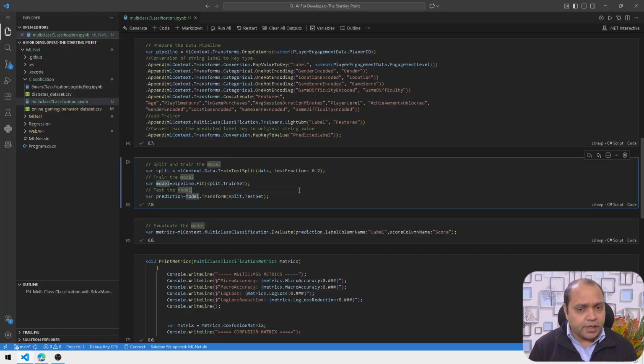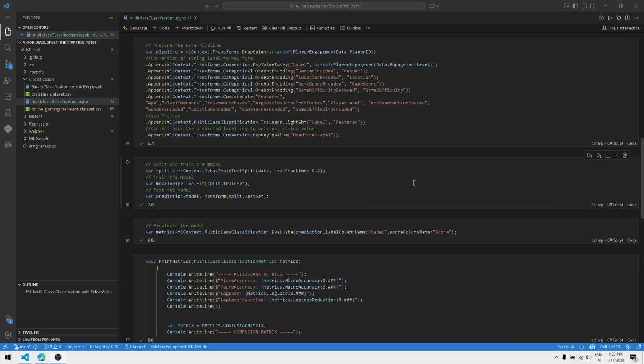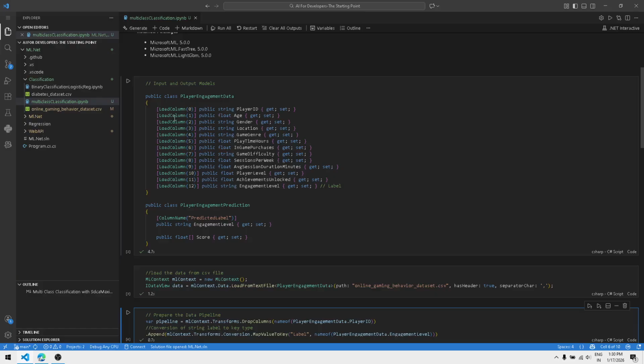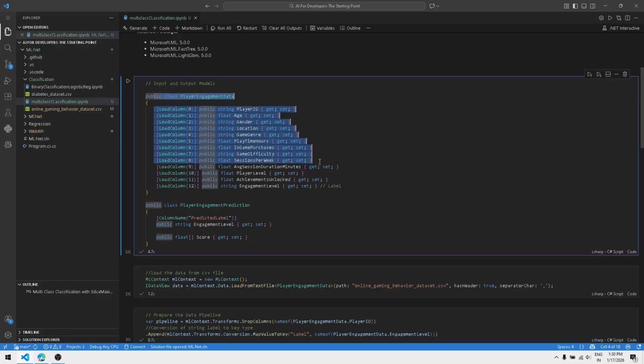But let's try to understand here what mistake we made in this training. The problem we need to figure out from the beginning is, what could be the problem? The player ID is fine because it will not add any value in our model training.